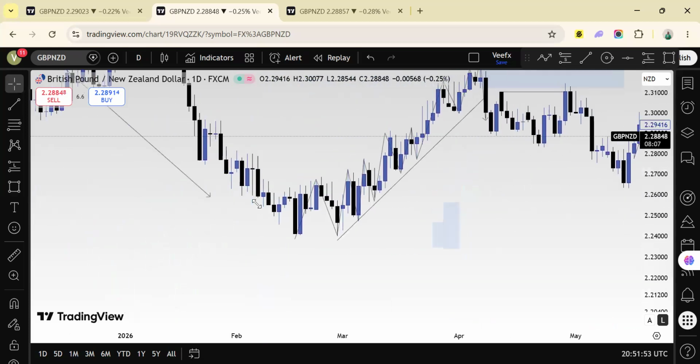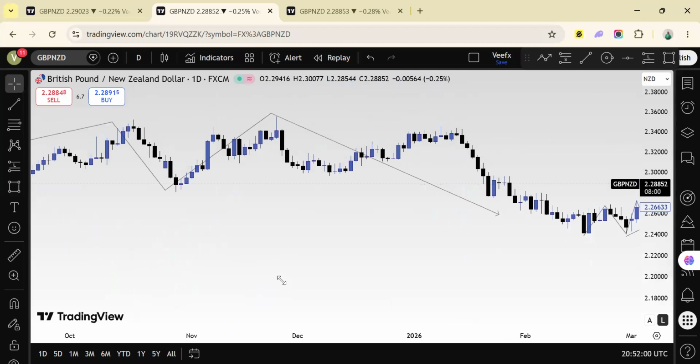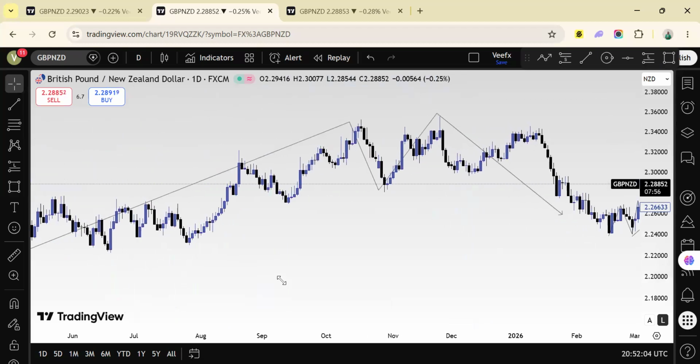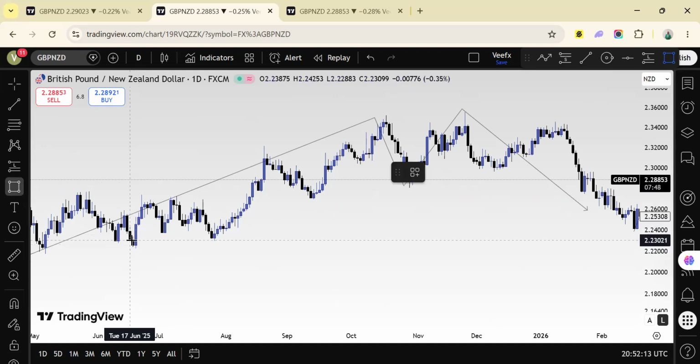Let's see if we'll find an example of a bullish order block. Okay, so can you see it here? This is a daily time frame. Here the last candle was a small bearish candle.